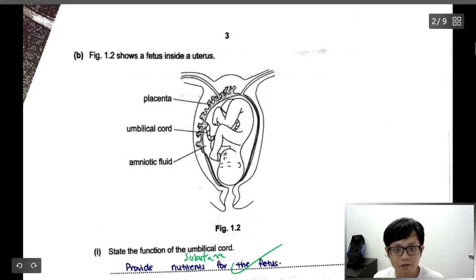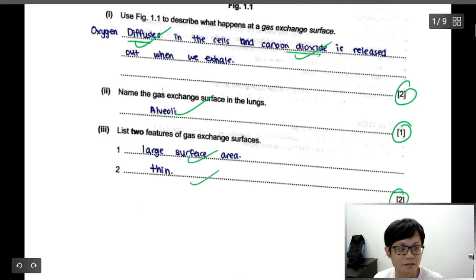Okay, you haven't finished. List 2 features of the gas exchange surface. So this is large surface area. List two features that help this exchange. Of course it's a large surface area because we have a lot of alveoli, and also it is thin. How thin is it?